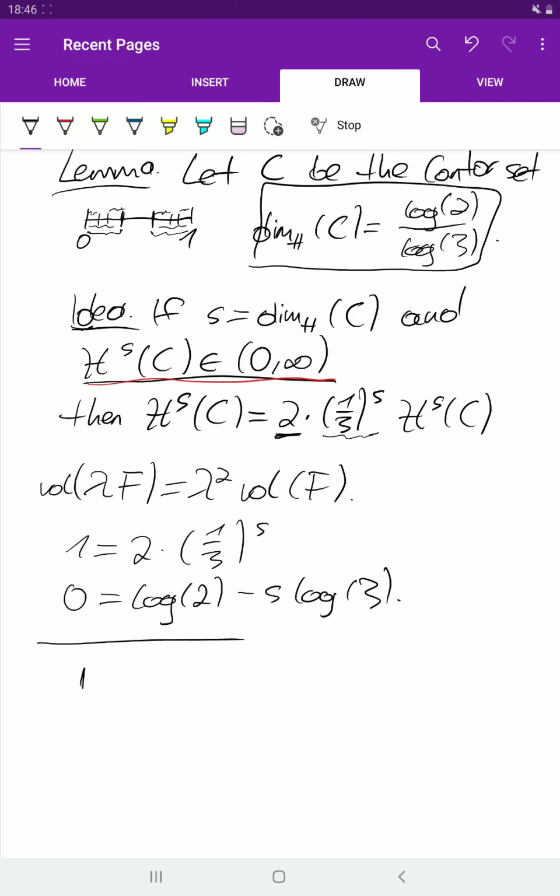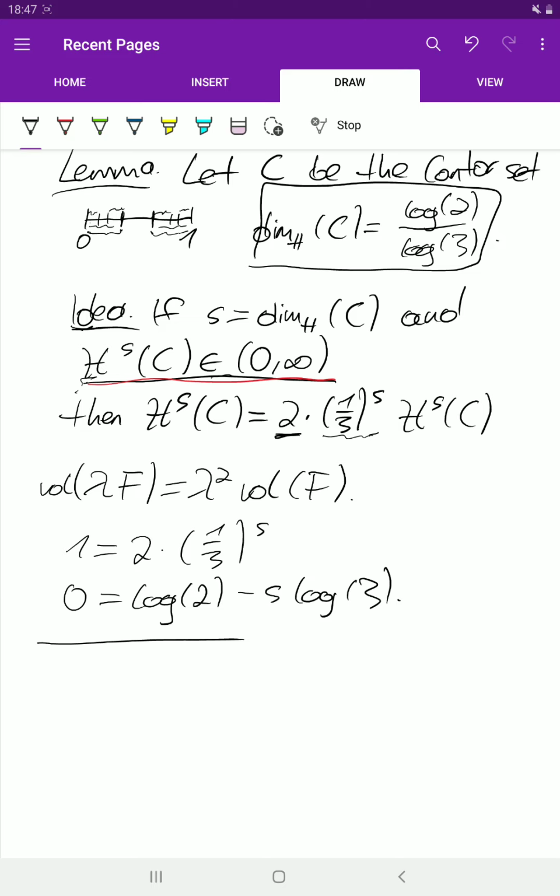Again, let me think. No, I think what I said is wrong. So yeah, probably you would have to think a little bit more. And I also have an example where this fails.